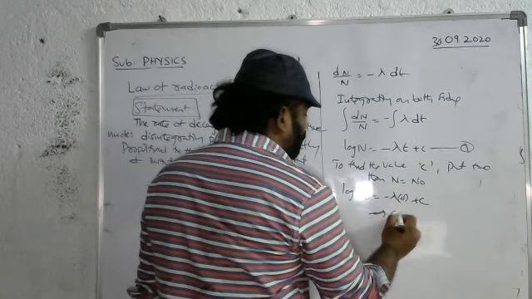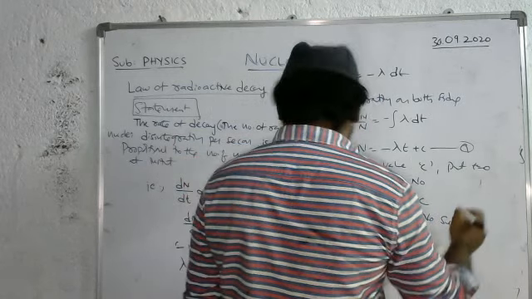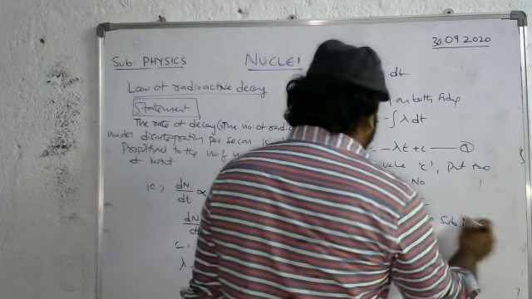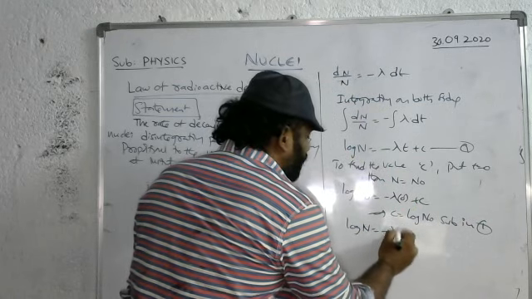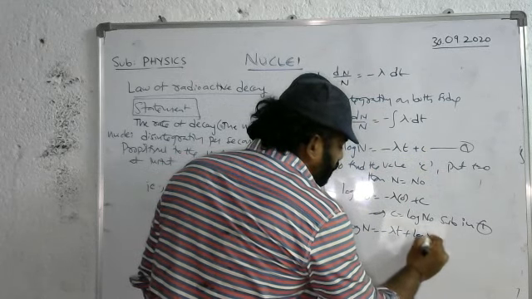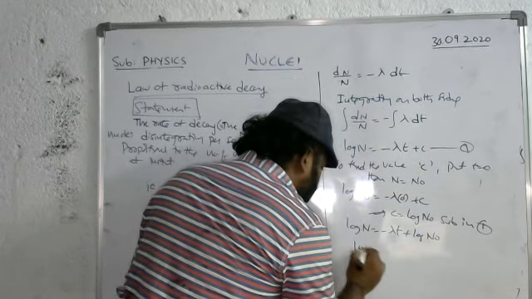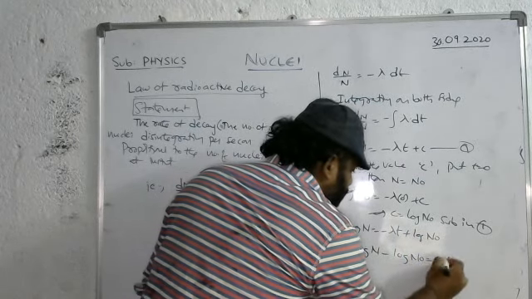That implies c is equal to log N naught. Substitute this value in the first equation: log N is equal to minus lambda t plus log N naught. So log N minus log N naught is equal to minus lambda t.